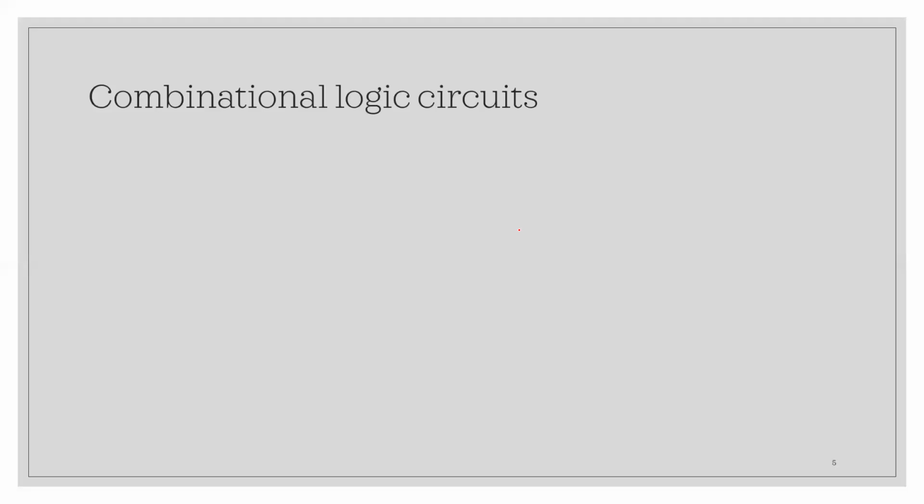In combinational logic circuits, the output depends only on the present applied inputs. Okay. And what happens in sequential? In sequential circuits, the output depends on the past applied inputs as well. It is not a question only to Vaishnavi, even others can come in.